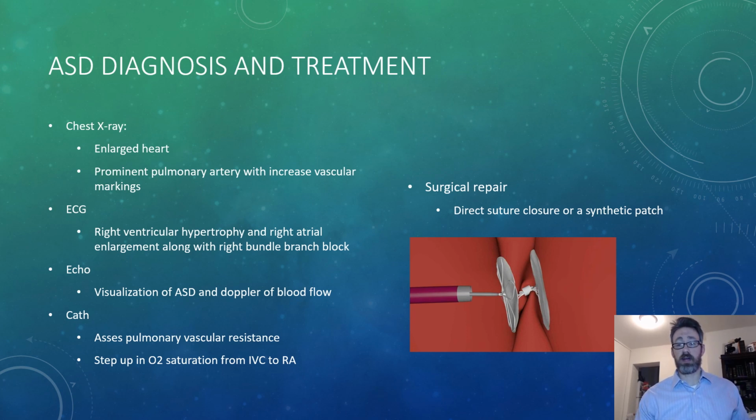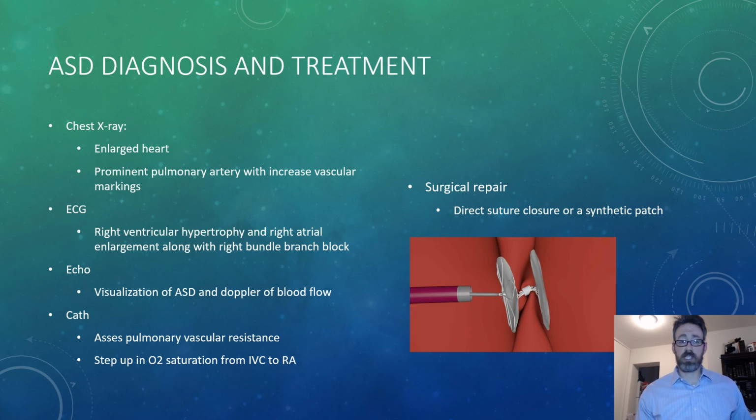With that right atrial enlargement, a right bundle branch block might also be evident, but none of that's diagnostic. The echo will actually give you visualization of the atrial septal defect, and you can use Doppler to make calculations in terms of blood flow. You can size up how big the opening is, and look for abnormalities of the ventricular wall and so on. So it's a very useful measure.